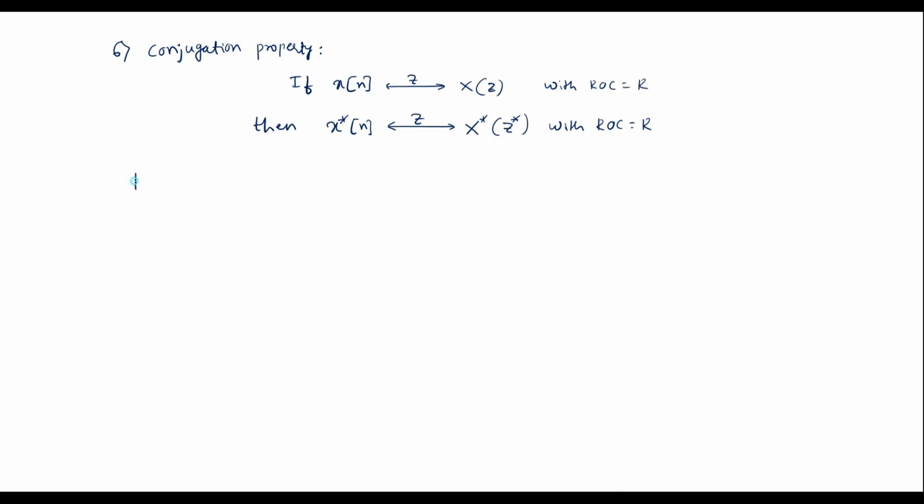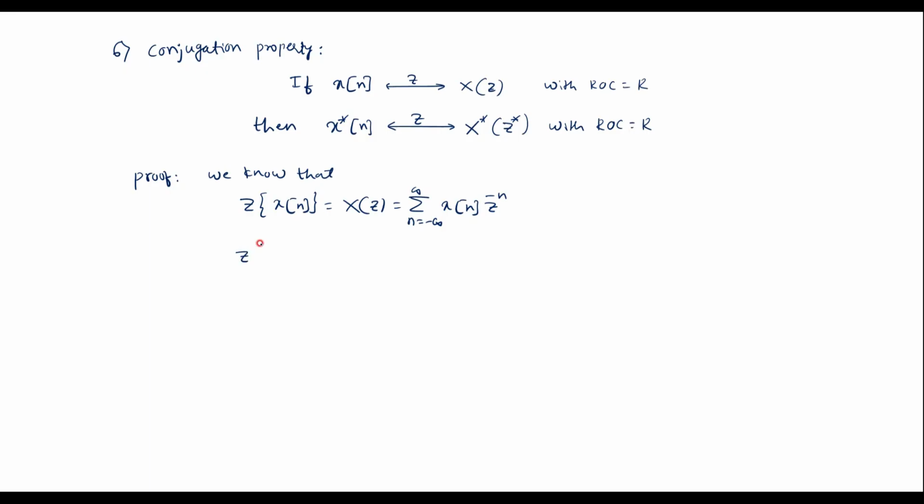Let us prove this. We know that the Z transform of discrete signal x(n) is X(z), which is the summation n equal to minus infinity to infinity x(n) z power minus n.